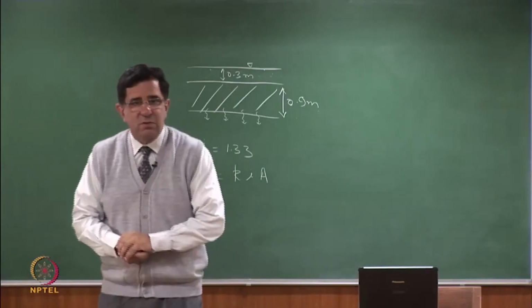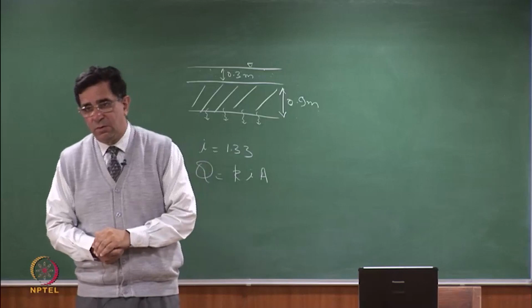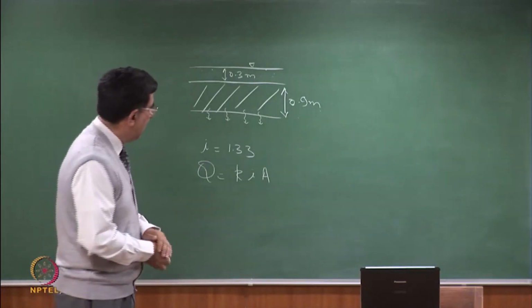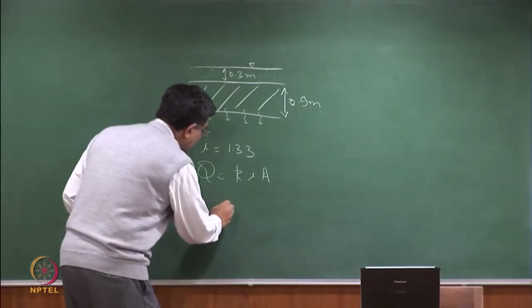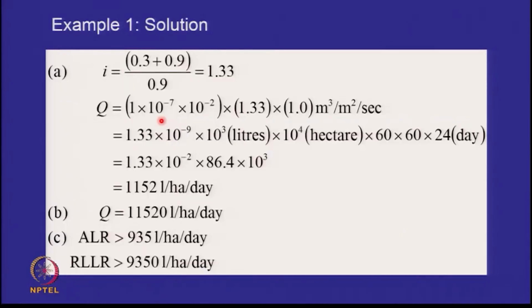So 1000 cc equal to 1 liter, if you recall, and 10 to the power of 4 square meters is 1 hectare. So can you give me a value which you get in liters per hectare per day? So K is 10 to the power of minus 7 centimeters per second, which becomes 10 to the power of minus 9 meters per second into 1.33. So this becomes so many meter cubed per meter square per second.